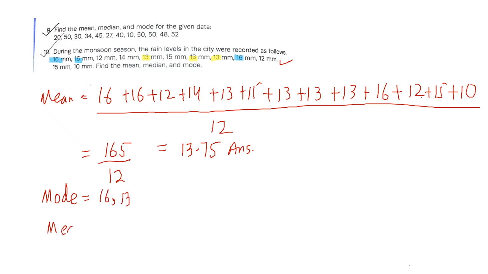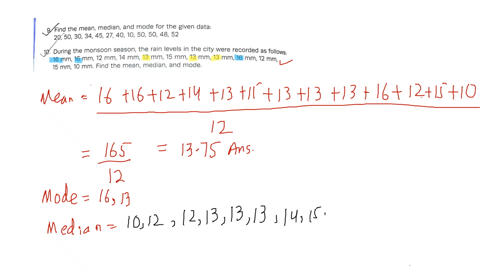Now for the median, again you have to do some effort, that is to arrange it in order. So I will arrange it in order. First is 10, then I have 12, then 12, 13, 13, 13, and then 14, then 15, then 15, then 16, then 16, then 16.